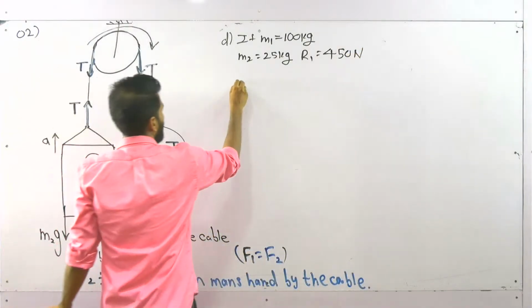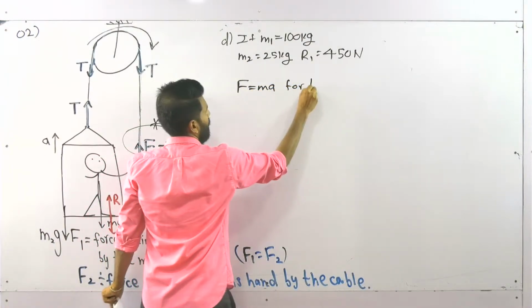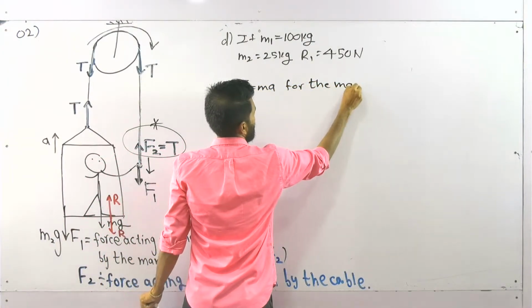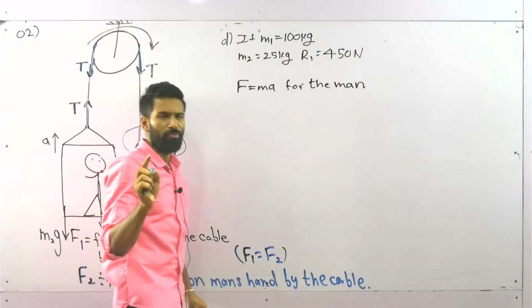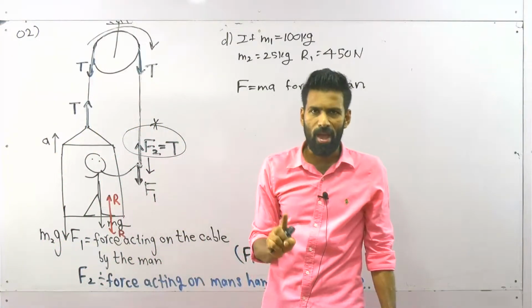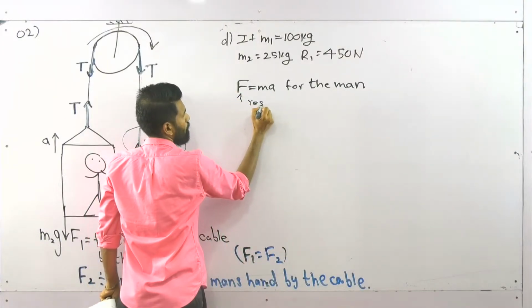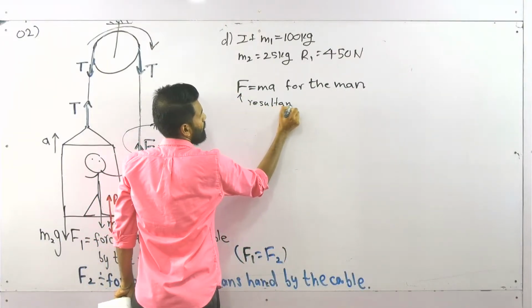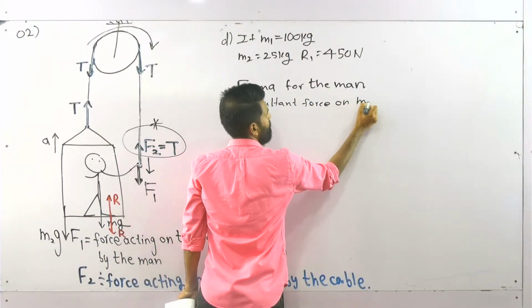Okay. I am applying F equals ma for the man. If I am applying F equals ma for the man, what is this F? This F is the resultant force on the man.